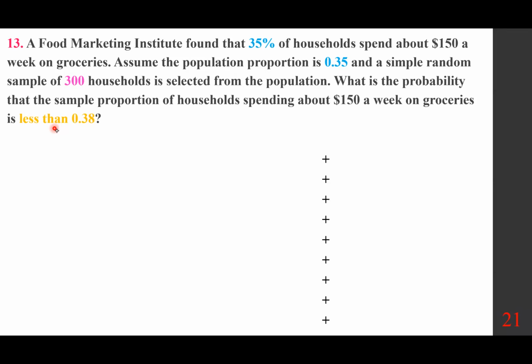Again, we read the question: what is given? What is the question all about? So we have to read and reread. This is a binomial distribution with the proportion being 0.35 and n is 300.